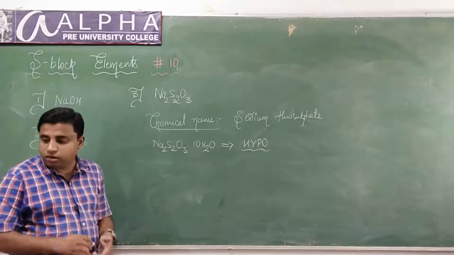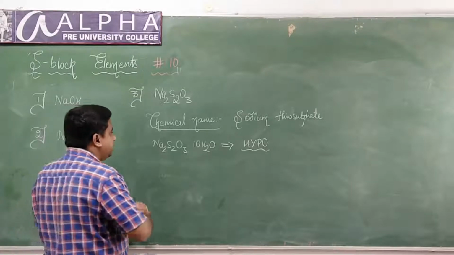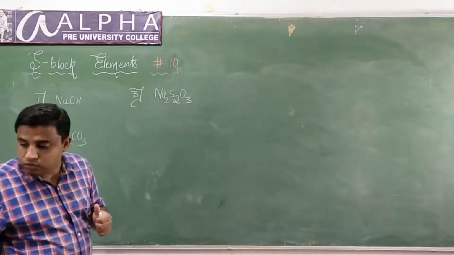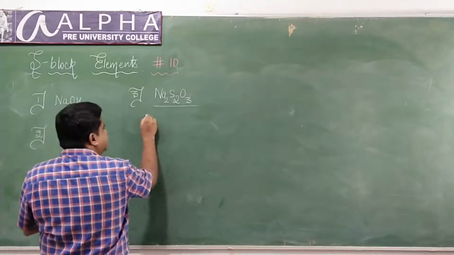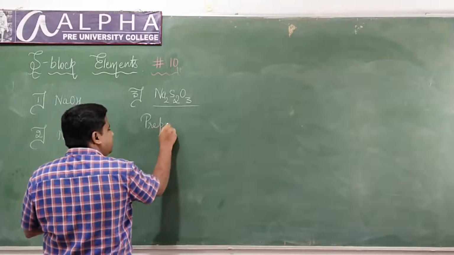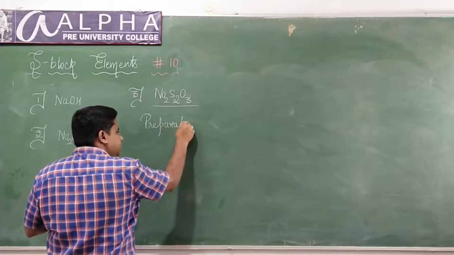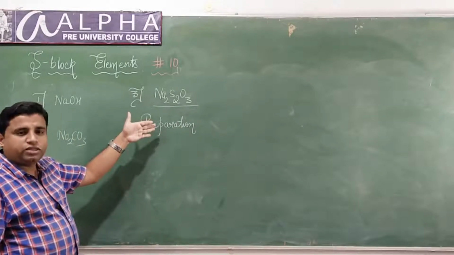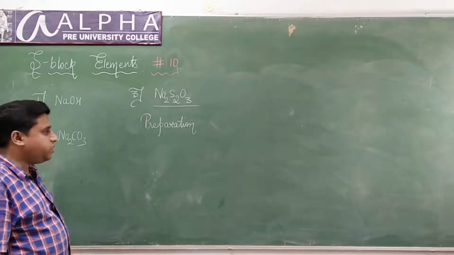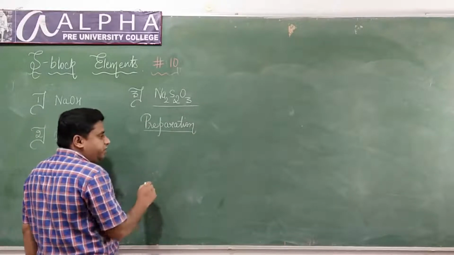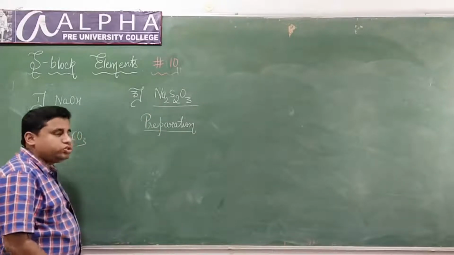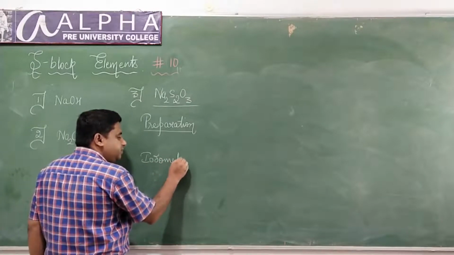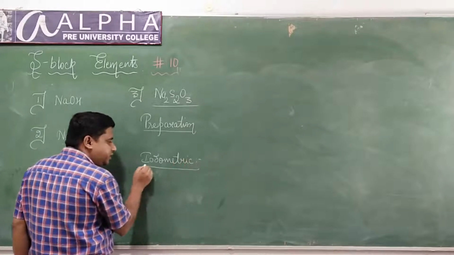Understood? Now, what are we going to study here? We will study the preparation of sodium thiosulfate, which we have already finished. The preparation of sodium thiosulfate is actually a chemical reaction of some other compound, which I'll let you know. Then we will study the use of sodium thiosulfate in iodometric titrations.